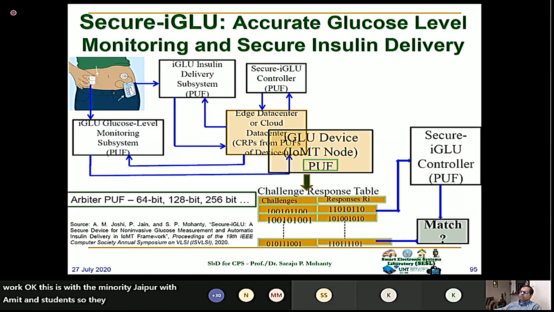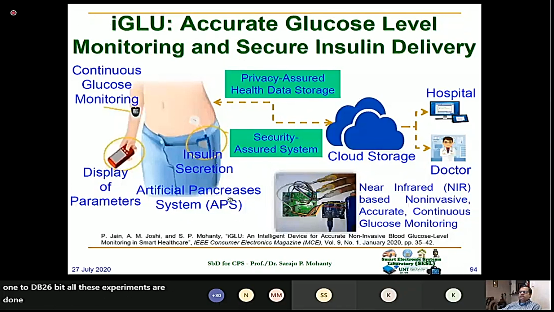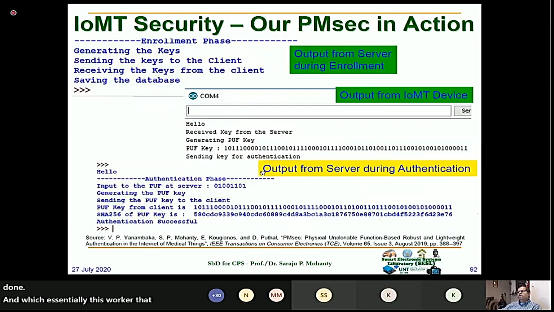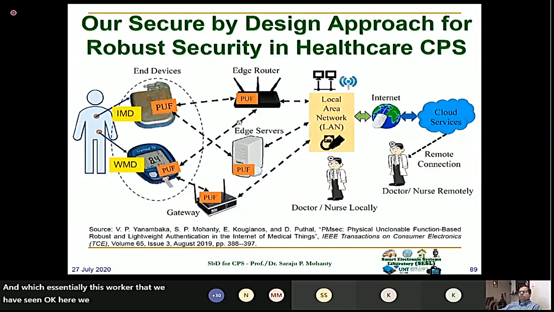So they have done amazing work, and this is an example where we have explored arbiter PUF. Okay, 64-bit, 128-bit, 256-bit, all these experiments are done, which is essentially the work that we have seen. Okay, here we have a PUF at the doctor terminal and the edge server as well as a PUF in the devices.